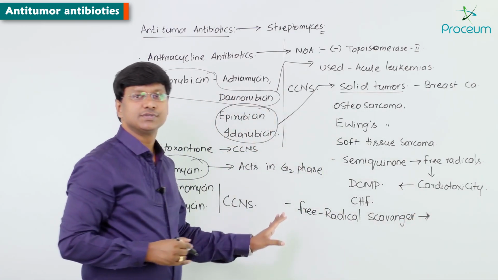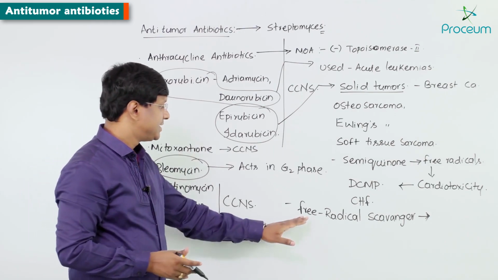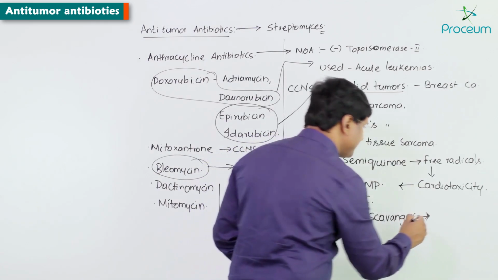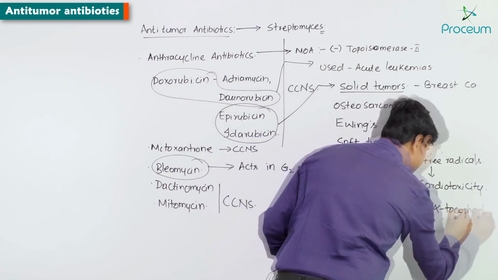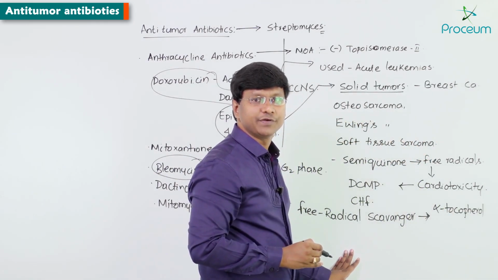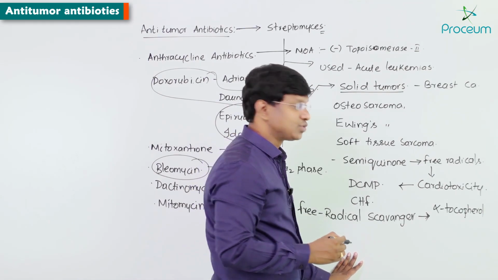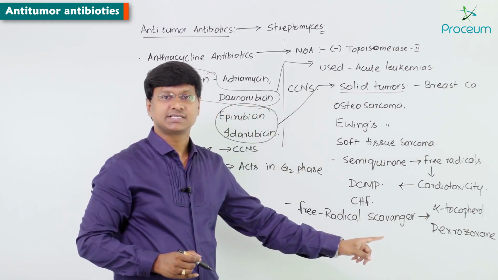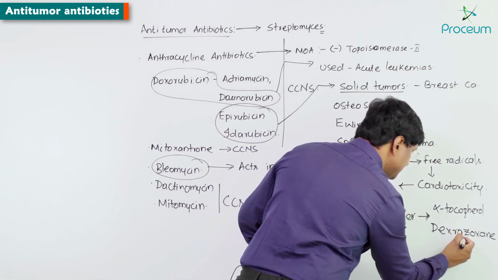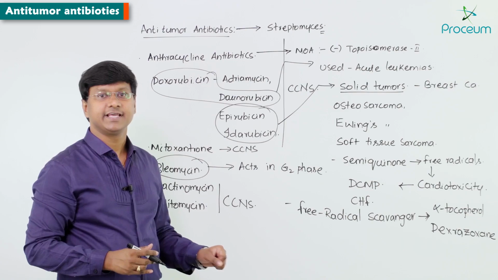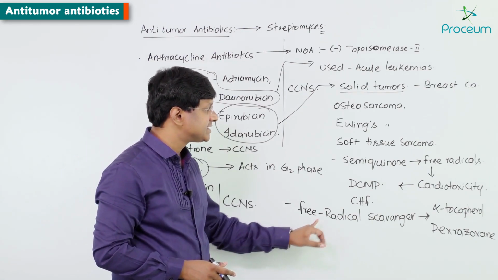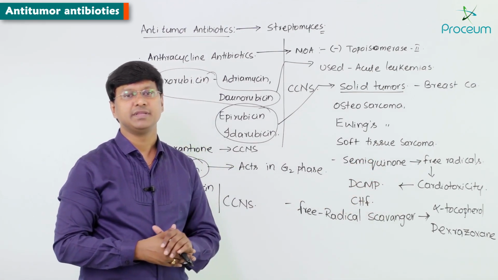These include alpha tocopherol as well as dexrazoxane. By using these free radical scavengers, the cardiotoxicity can be minimized.